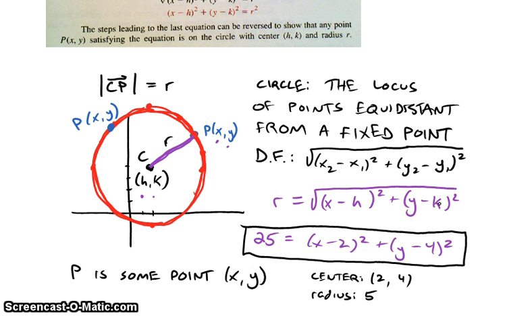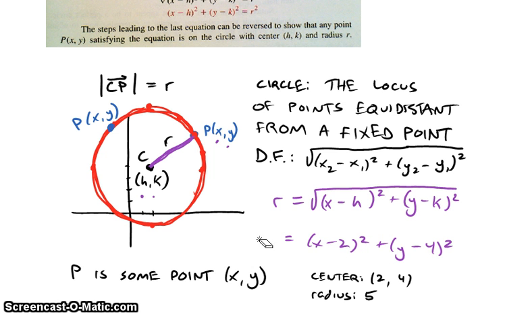And when we take this next step of squaring everything, we're not going to get 25. We're going to get r squared, and everything else follows suit. So this equation here is the general formula for all circles, where the center of the circle is h, k, and the radius of the circle is r, keeping in mind that r is not directly in the formula, it's actually r squared that's in the formula.